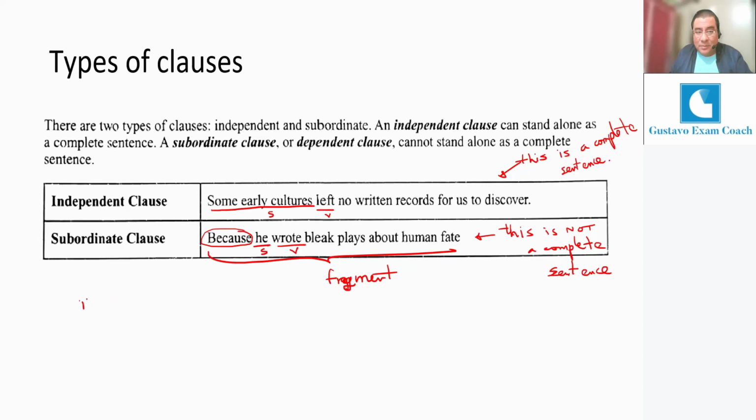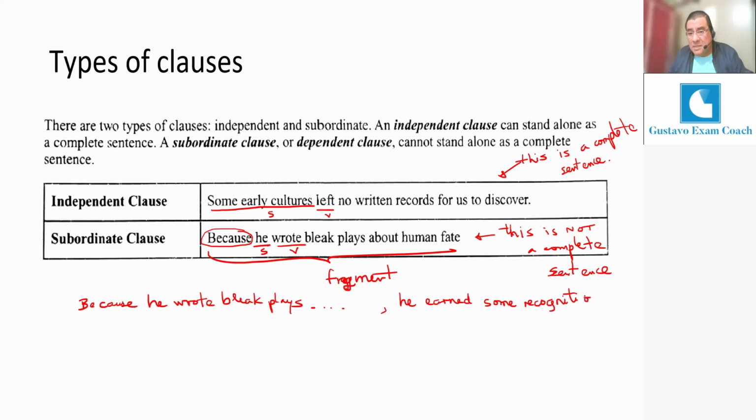Let's see an example. "Because he wrote bleak plays, blah, blah, blah, he earned some recognition." This might be a complete sentence now, because now we are making clear that the first part is a reason for what follows. So this is the reason, this is the consequence. So we have a complete sentence there.